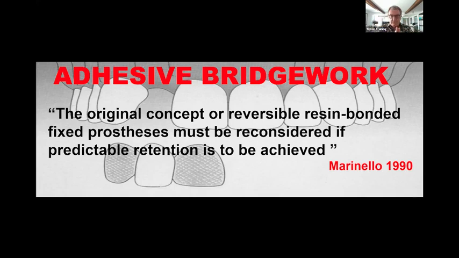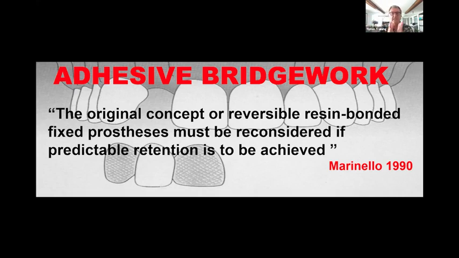Okay, retention form is that type of tooth preparation which stops the bridge being pulled off the same way as it was cemented in the first place. Resistance form, those types of tooth preparation that stops the bridge from being displaced under non-axial loading. Okay, we need both.